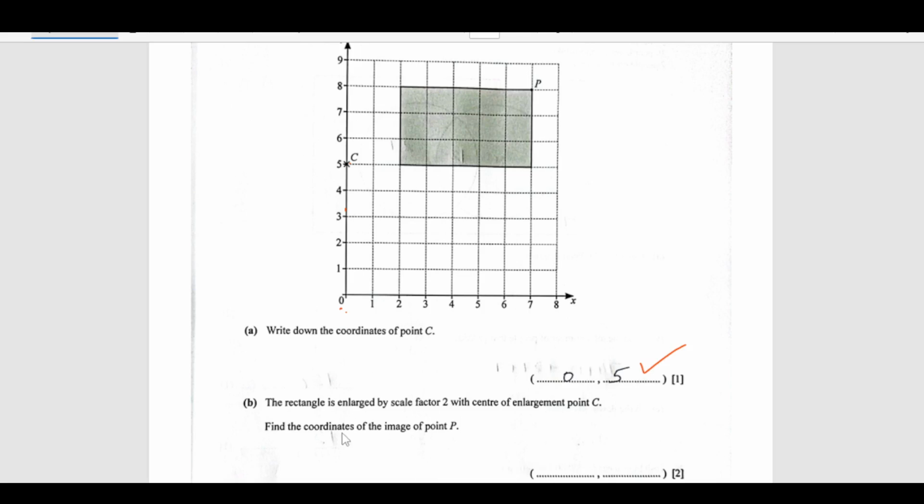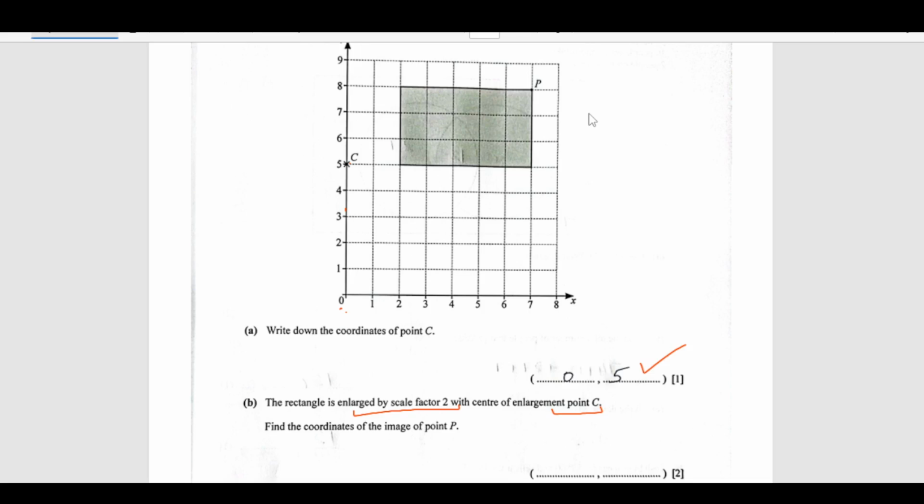Now, second part, B part: the rectangle is enlarged by a scale factor of 2 with the center of enlargement at point C. Find the coordinates of point P. So, the center of enlargement is this. This P is going to be enlarged by a scale factor of 2, but it goes beyond this graph, right.